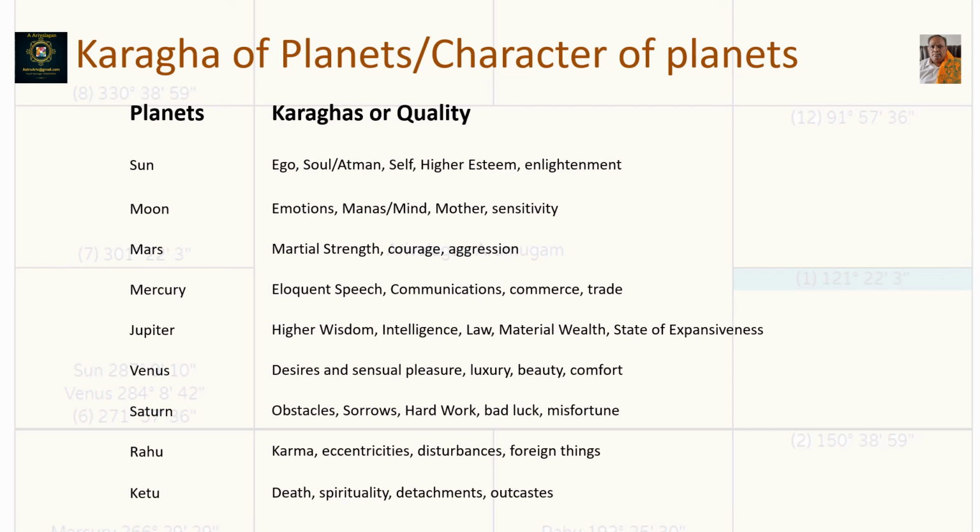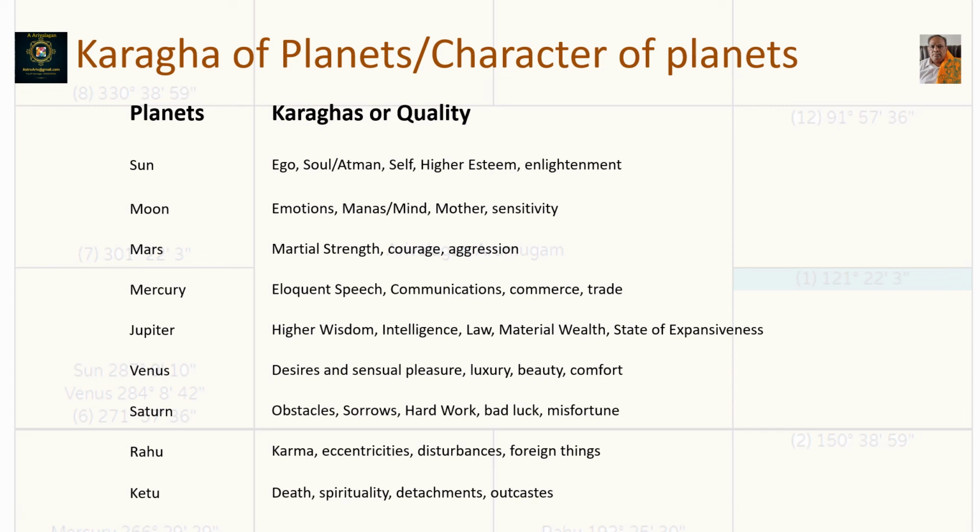Jupiter, higher wisdom, intelligence, laws, marital wealth, and material wealth and the state of expansiveness. Venus, desire, sensual pleasures, luxury, beauty, comfort, all come under Venus. Saturn, obstacles, sorrows, hard work, bad luck, misfortune, all happen during the Saturn Dasa.